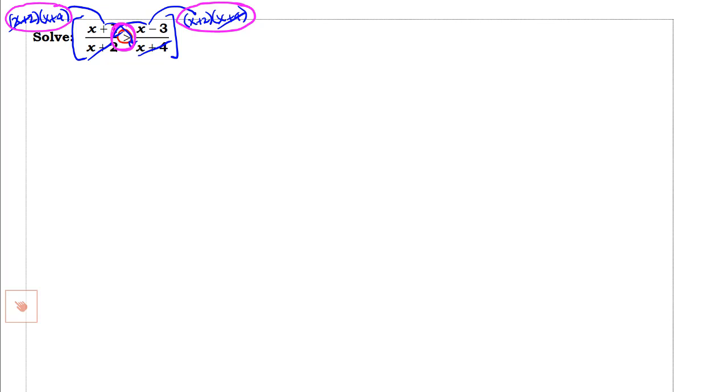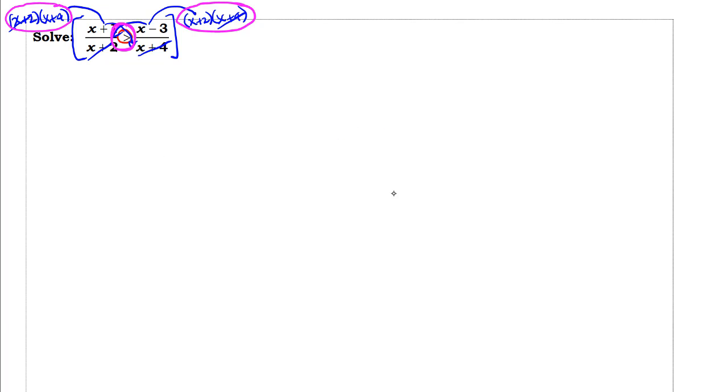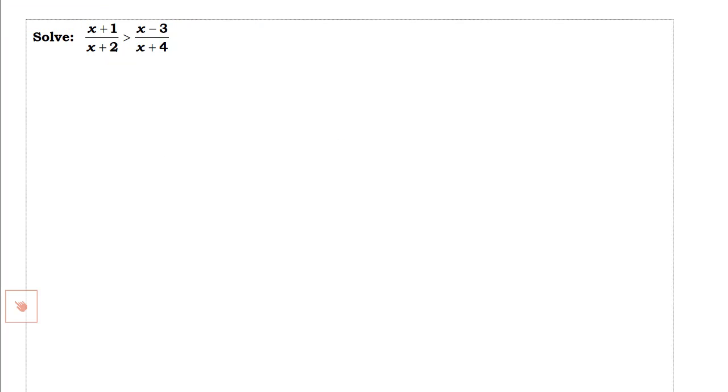Whether it's positive or negative, right? Well, if you don't know, you can't do any of that. Don't cross multiply, because you don't know whether to switch the sign or not.